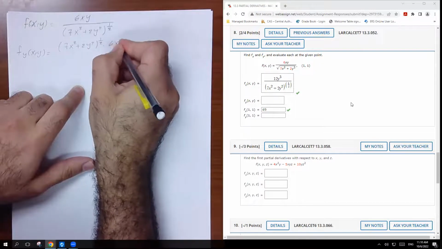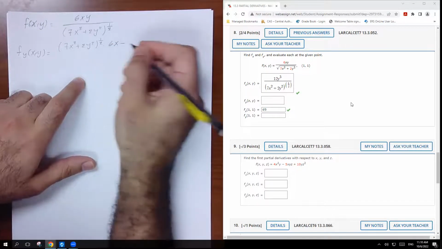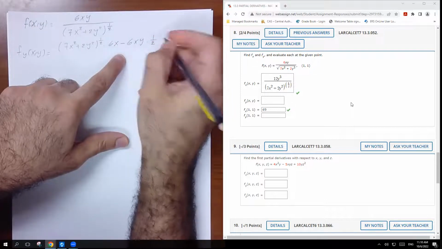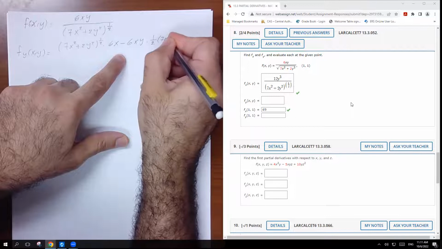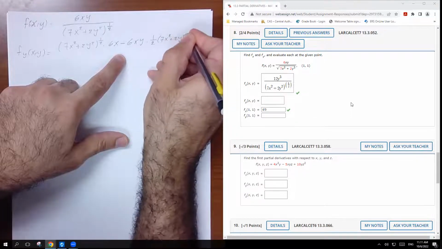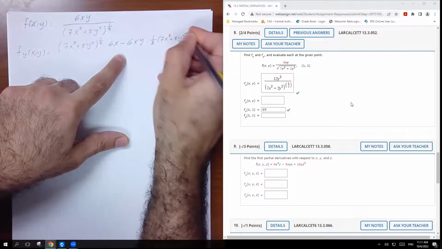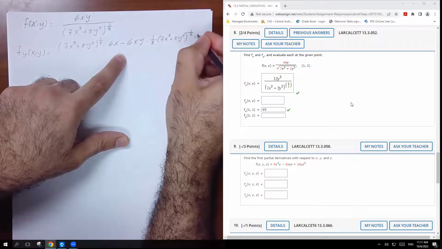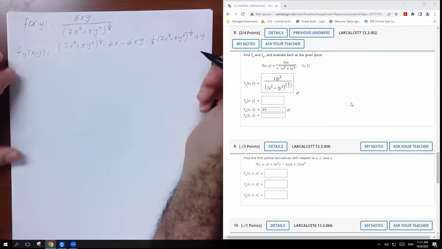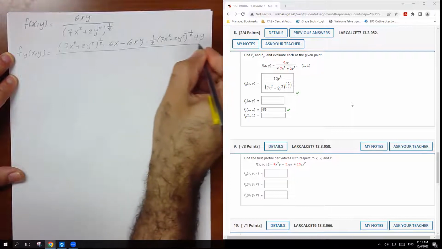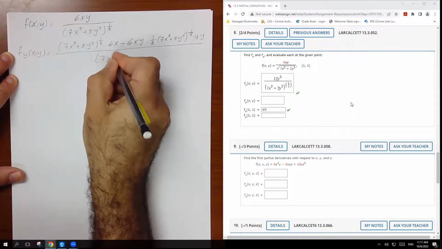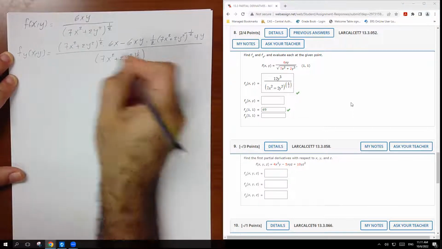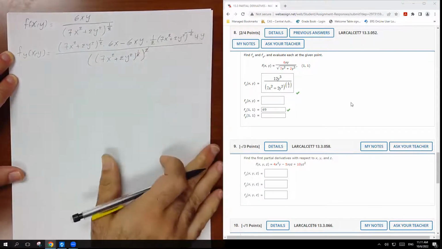So here times 6x, minus 6xy times the derivative of the bottom part, which is half 7x squared plus 2y squared to the negative half, times the derivative of everything inside with respect to y, so it's going to be 4y because the x is constant, and everything is divided by 7x squared plus 2y squared to the half and squared. Cancel these, so we're just going to get 1.